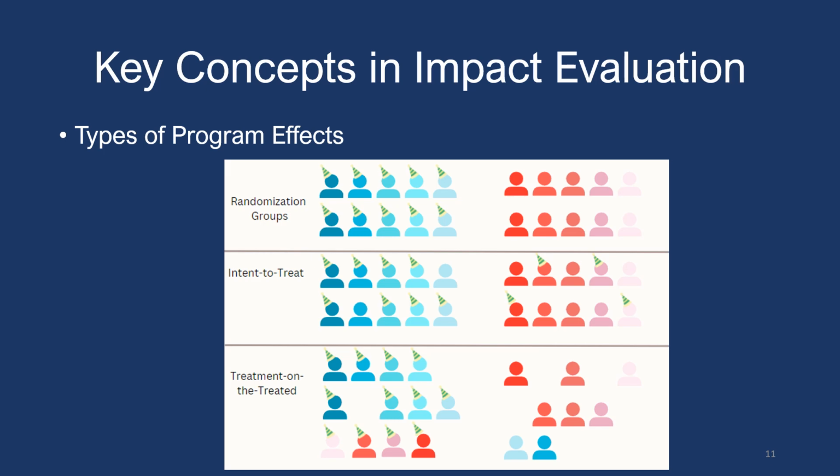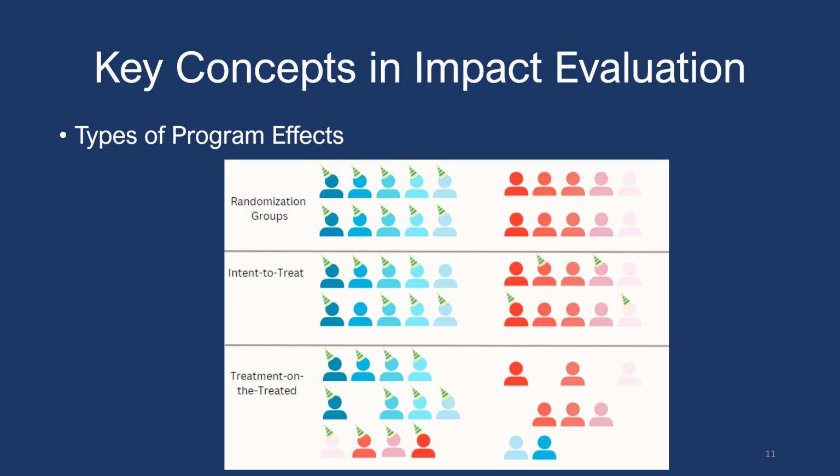So let's first look at what happens with our people who are non-compliant, meaning they were intended to receive the treatment, but they did not participate, and our crossovers, meaning those who were not supposed to receive our treatment, but still somehow managed to. One way to deal with this is what we call the intent to treat effects. So what we do here is we leave our people right where they were in their originally assigned groups.